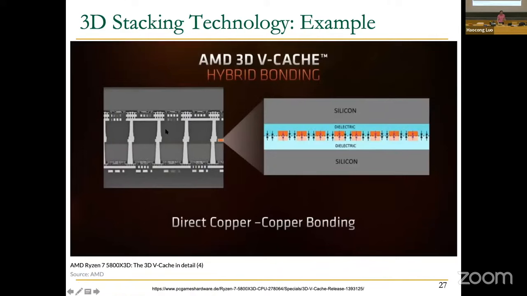And there are a lot of really interesting technology issues, like how do you align the interconnects in this chip with this chip over here so that they can actually communicate with each other nicely. So there are a lot of fabrication and reliability issues over here that we take for granted right now. But these are two different chips bonded together on top of each other. And the whole purpose of the second chip is just caching, basically. Caching for all of those cores that are in the other chip. And there are many cores over there.